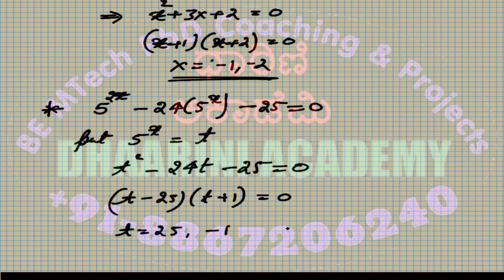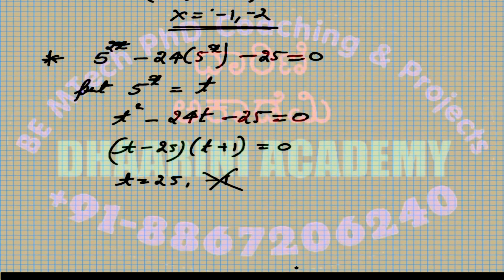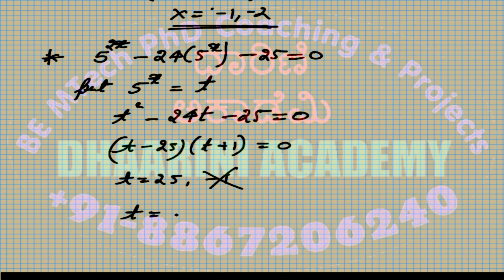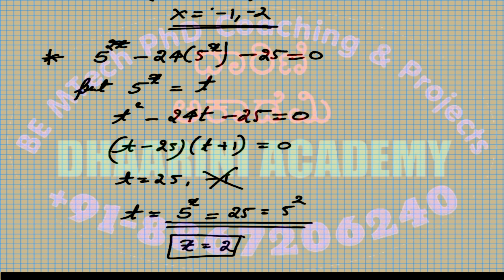Out of which minus 1 I have to rule out, right? This is not possible. T equal to 25, but let's equate. So the t is actually the 5 to the power x. This is what we got as 25, but 25 is 5 to the power 2, right? Compare that, which means x is equal to what now? X is equal to 2.